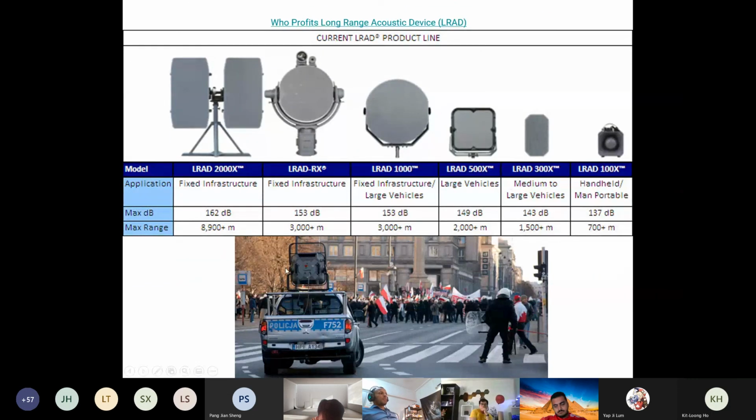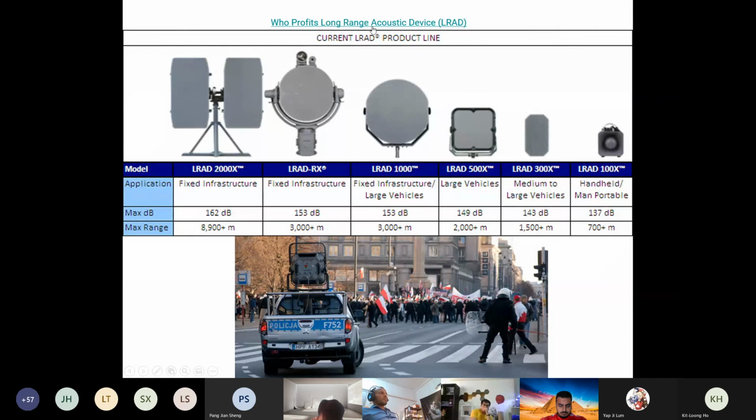Probably you know, in some countries, when people go outside to protest, they bring water, and in some countries they bring sound cannons. Basically they create a very high level of sound in front of the protesters, and it can be really painful, as you can see here.